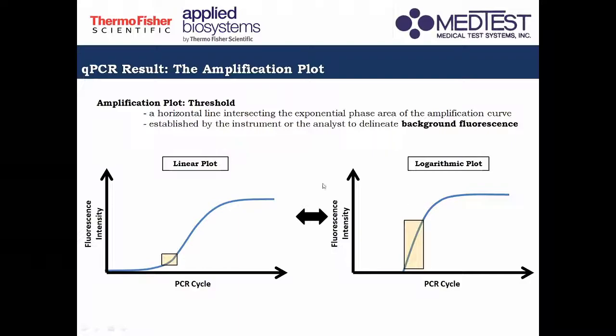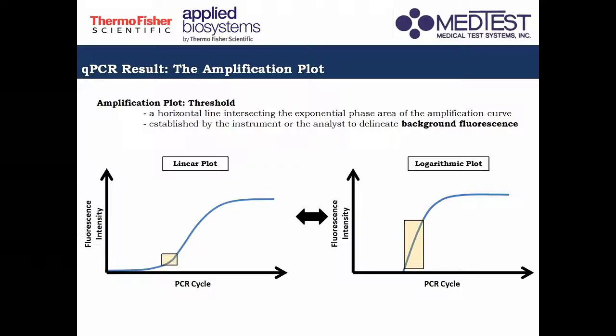Now, the difference between the exponential phase area of the linear plot and the logarithmic plot is that in the linear plot, masyadong maliit lang yung area as compared with the logarithmic plot. Now, ano bang advantage nito? Kasi we would want to set a threshold in our qPCR run.